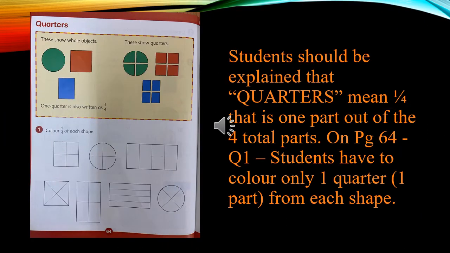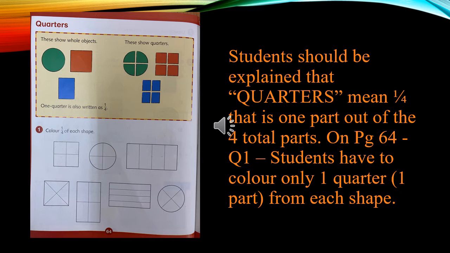Page 64, quarters. Now, students, I want you to take any paper, any waste paper, any paper that's just lying around, and tear it. That's right. Tear it into 4 parts. Go ahead, do it.